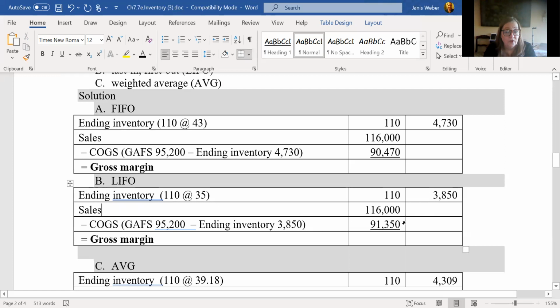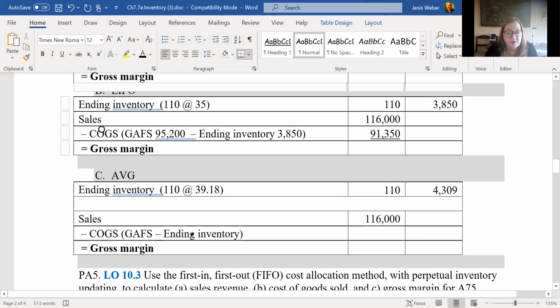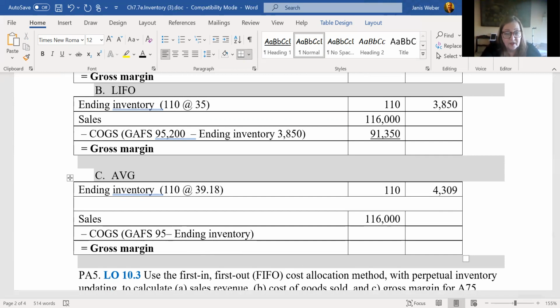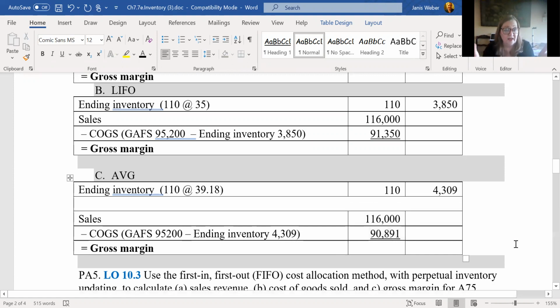So that left 91,350 as our cost of goods sold. Then under the average method, we still have the same goods available for sale and an ending inventory of 4,309. So 95.2 minus 4,309 gives us the remaining amount that has to be the cost of goods sold. If it's not in the ending inventory, that means we sold it.